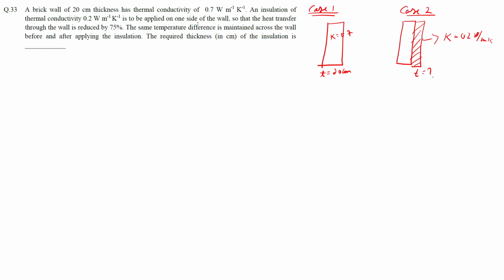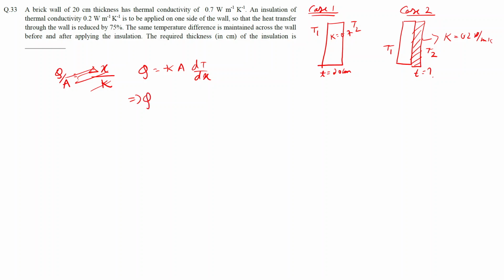Now the temperature difference is the same for both the cases. So let's say the temperature over here is T1, here it is T2, then in this case also the temperature here will be T1, and outside the insulation will be T2. So the heat we can basically write as minus of K A dT upon dX.